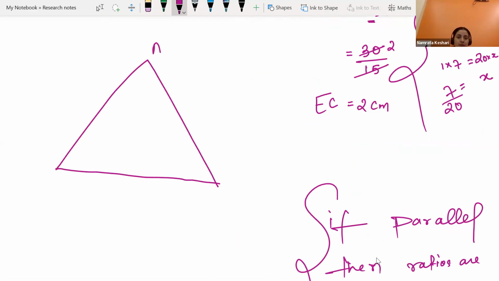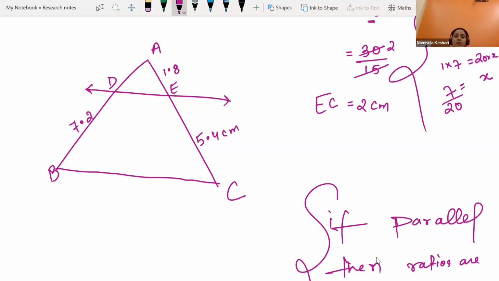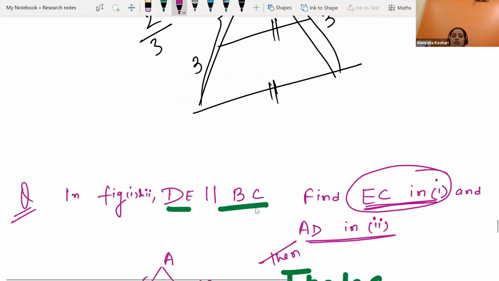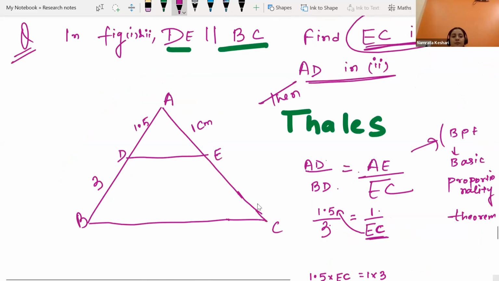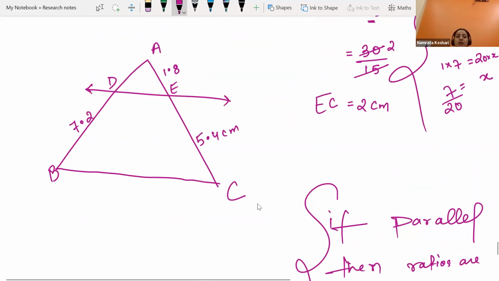A, B, C. Here also the same instruction is there. DE is parallel to BC.